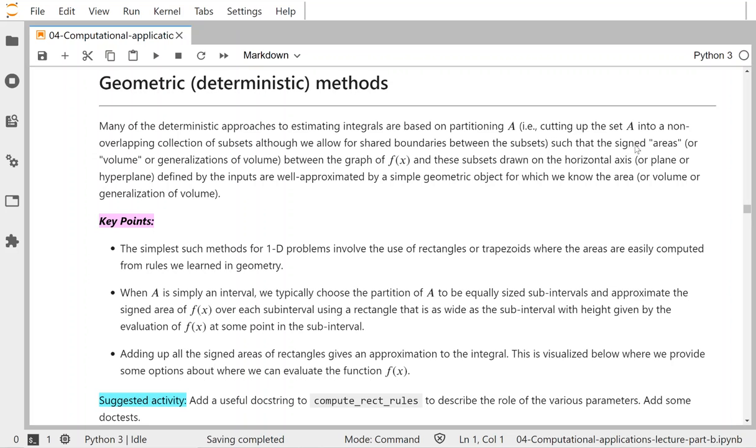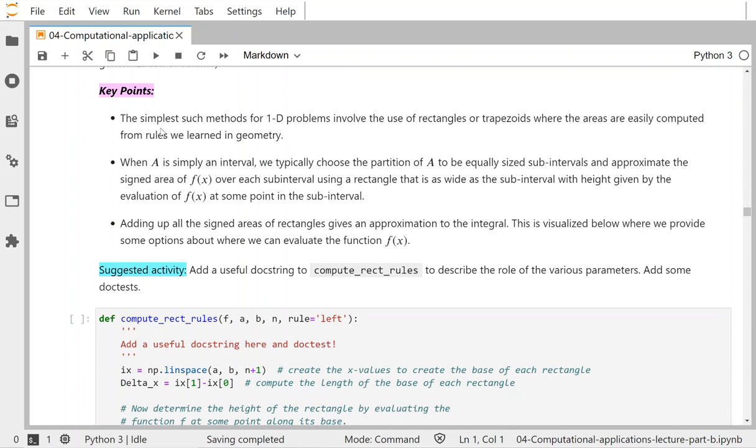And we do this such that the signed areas, or volume, or generalizations of that in higher dimensions, between the graph of f of x and these subsets drawn on the horizontal axis, or the plane, or the hyperplane if you go to higher dimensions, defined by the inputs are well approximated by a simple geometric object for which we know the area, or the volume or generalization of the volume. Some key points. The simplest such methods for 1D problems involve the use of rectangles or trapezoids, where the areas are easily computed from rules we've learned in geometry.